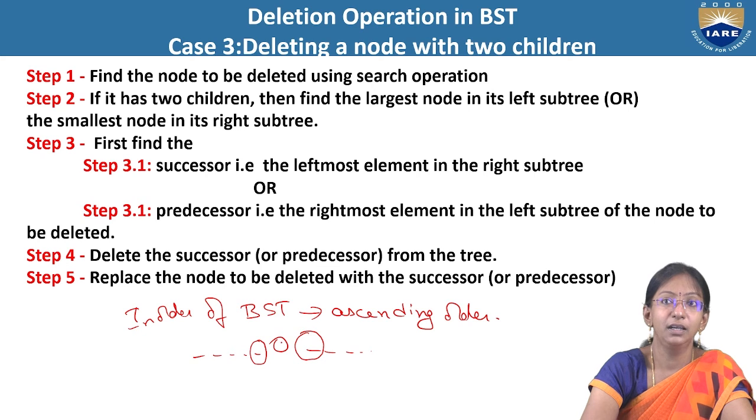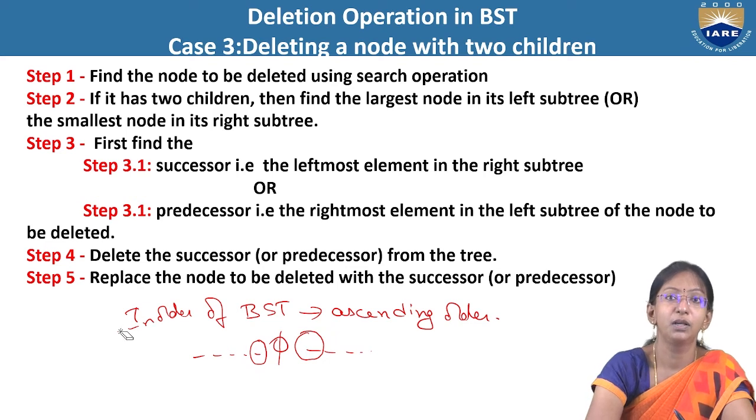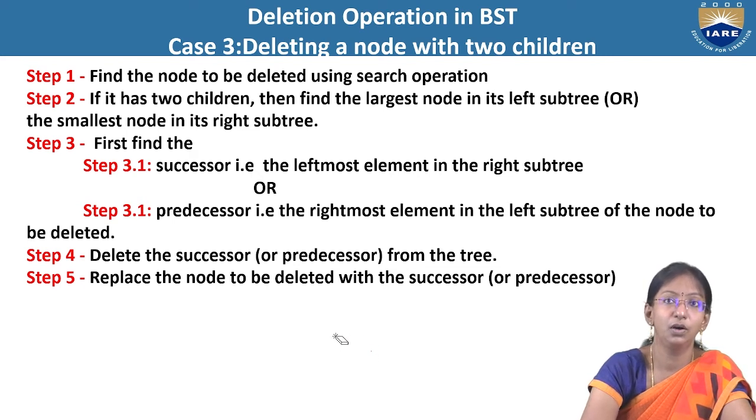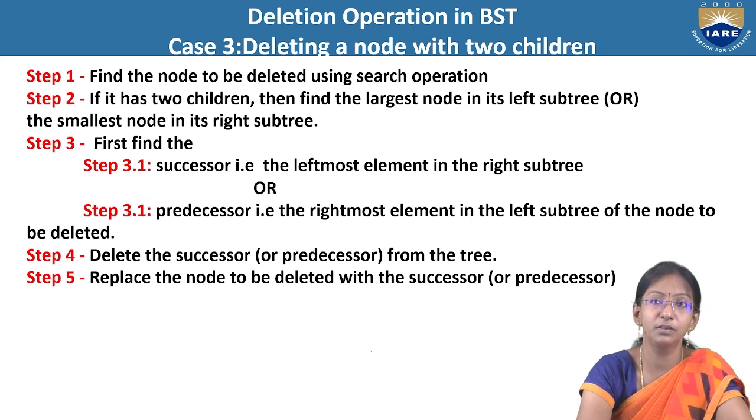Which can replace or which can justify the position of the element which we want to remove. That's why I told you in order traversal technique is very, very important. Guys, you can go through my previous video to understand how to write the in order traversal of binary trees. Okay. Yes, come back to our process.